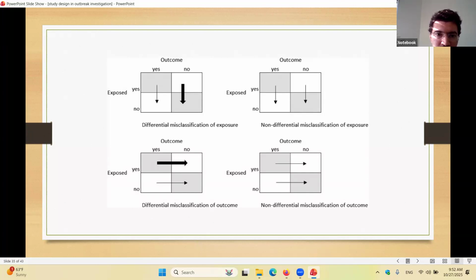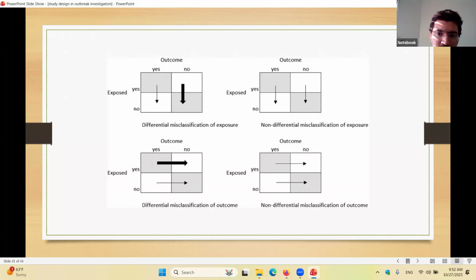The first row, the above row. Misclassification of exposure is when you consider an exposed group as not exposed, or vice versa, when you consider a not exposed group as exposed.